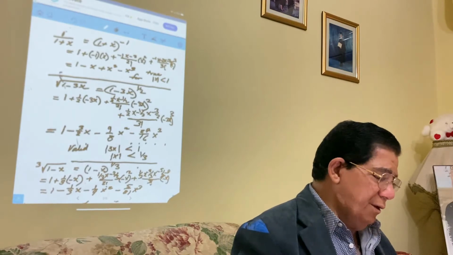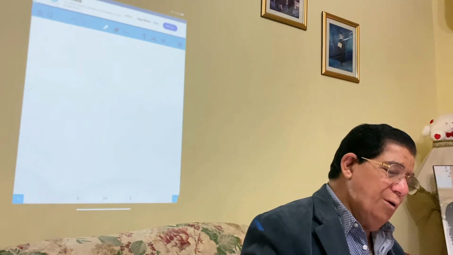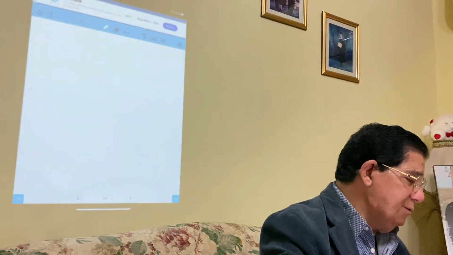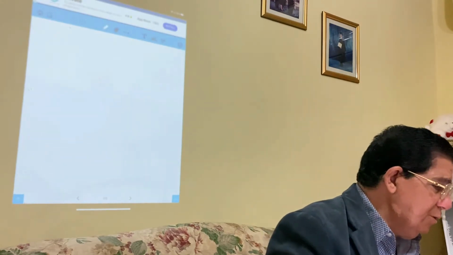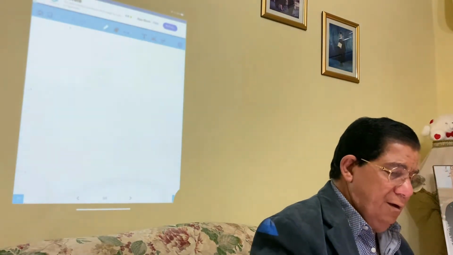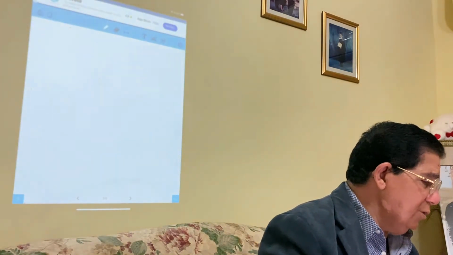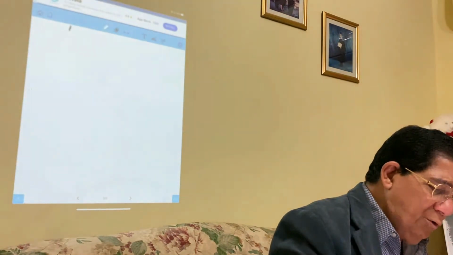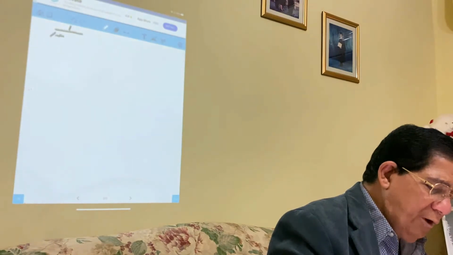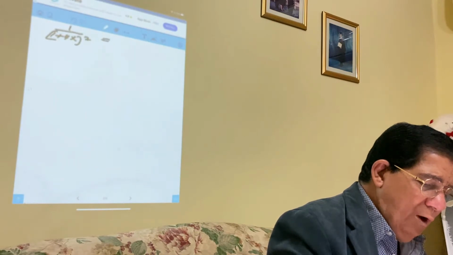Therefore, we say this rule of 1 plus x to the power n can help us to find the expansion of 1 plus or 1 minus to any power. If we wanted to expand 1 over 1 plus 4x squared, means 1 plus 4x to the power negative 2.